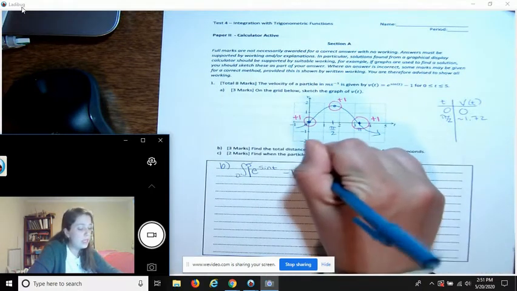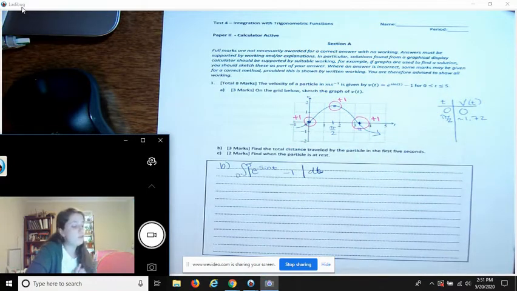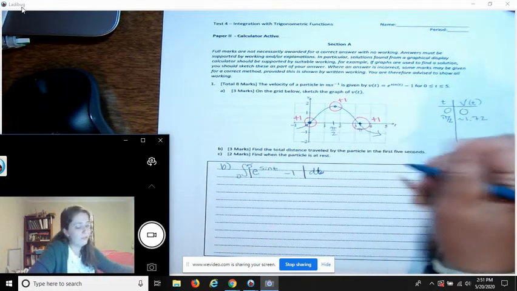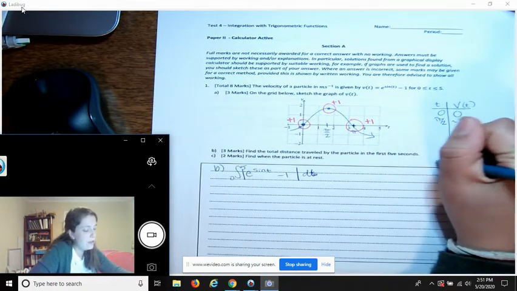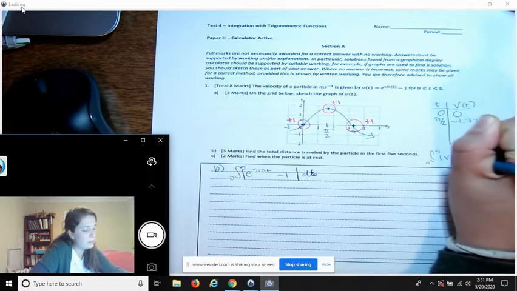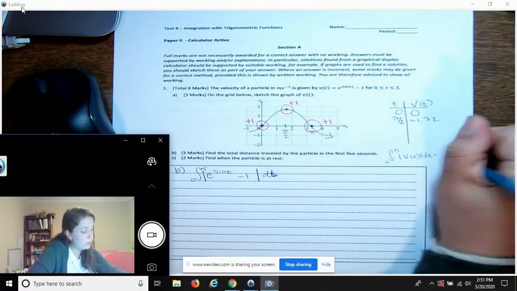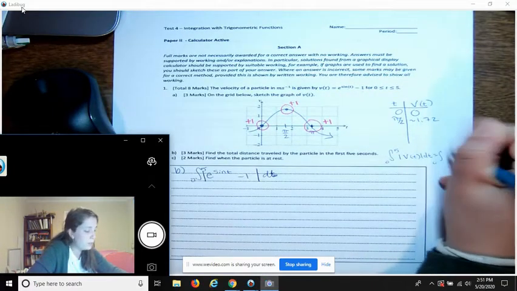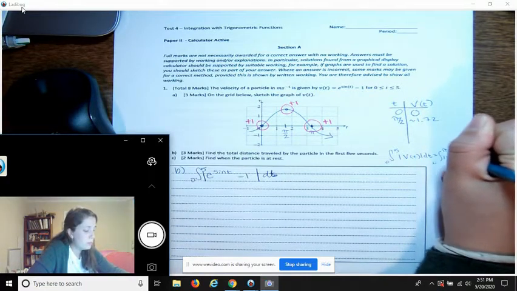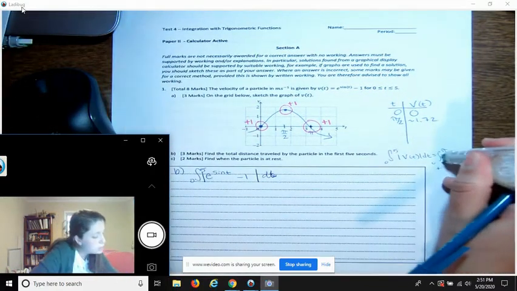The only way that you may have written it differently is if you figured out that the two intervals from, I'm gonna write this out to the side. If you had the integral from 0 to 5 of the absolute value of v of t dt, and you said that that was equal to the integral from 0 to pi, plus, oh, you don't have to have the absolute values in this case.